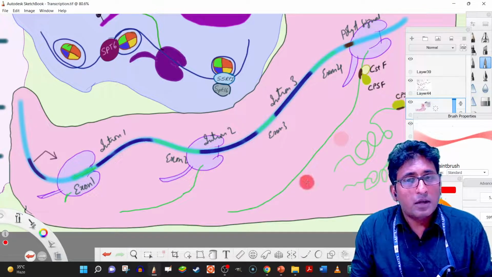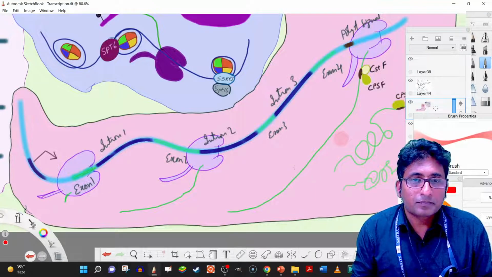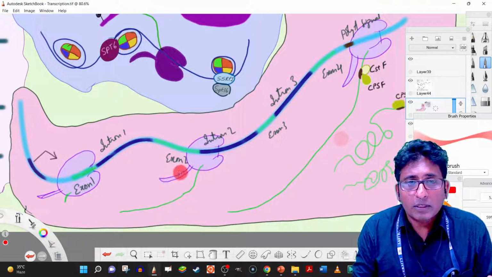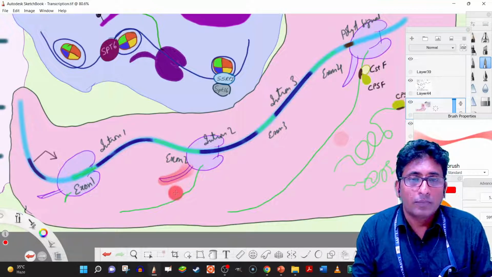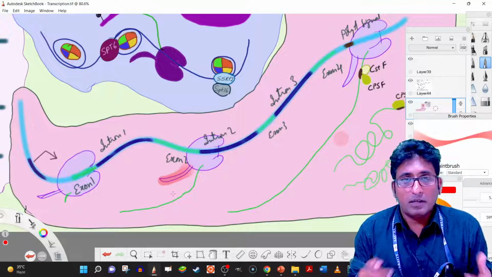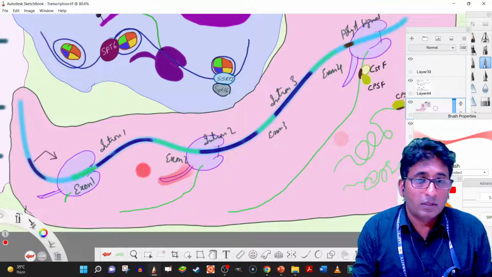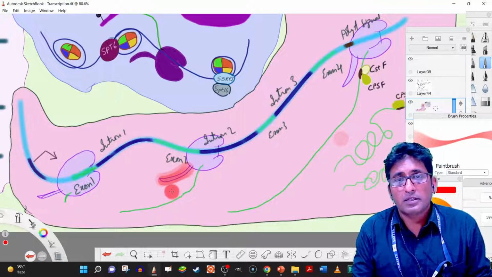And how does RNA polymerase make these things happen? It has to do with the tail of RNA polymerase, as we have seen before. From promoter escape onward, the CTD, the carboxyl terminal domain of RNA polymerase, is important.